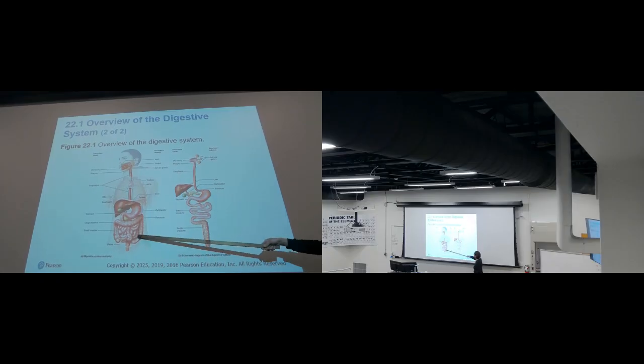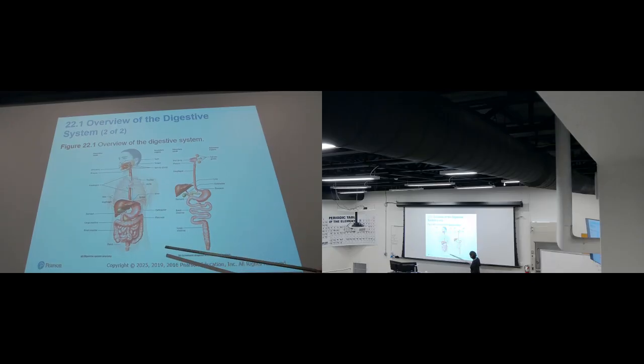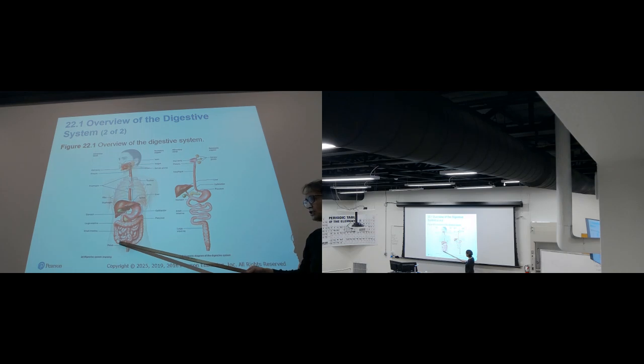So this is an extended version, and this is an in situ version. The large intestine has the beginning portion, which is called the cecum, a little dilation here. And posterior to the cecum, we have the vermiform appendix.